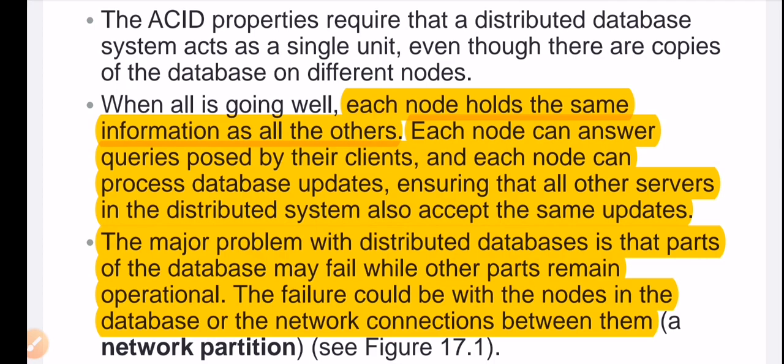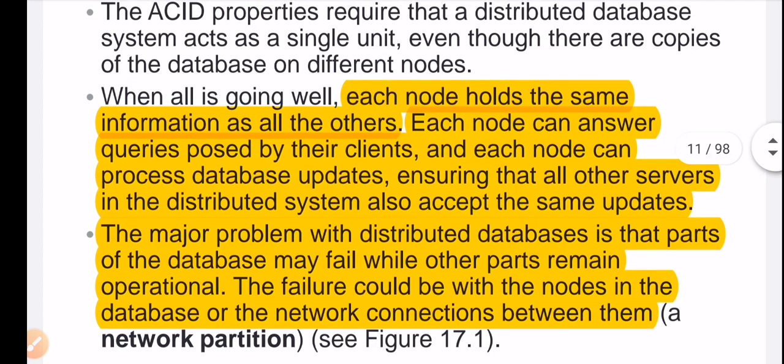Each node can answer queries posted by clients, and each node can process database updates, ensuring that all other servers in the distributed system also accept the same updates. So if we have many servers and our data exists on these servers, any node can answer or accept your query.